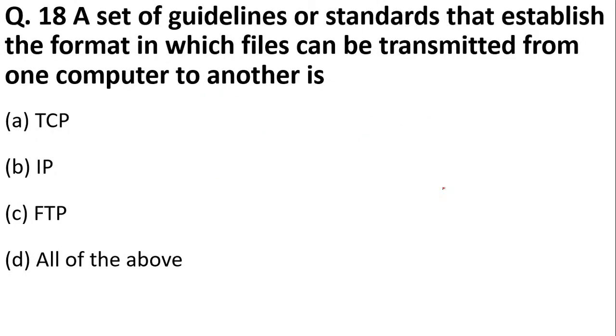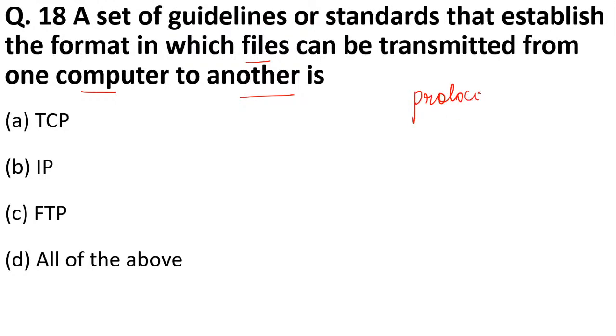A set of guidelines or standards that establish the format in which files can be transmitted from one computer to another. So the question talks about files, and these files have to be transported from one computer to another system, and a set of guidelines or standards is called a protocol.